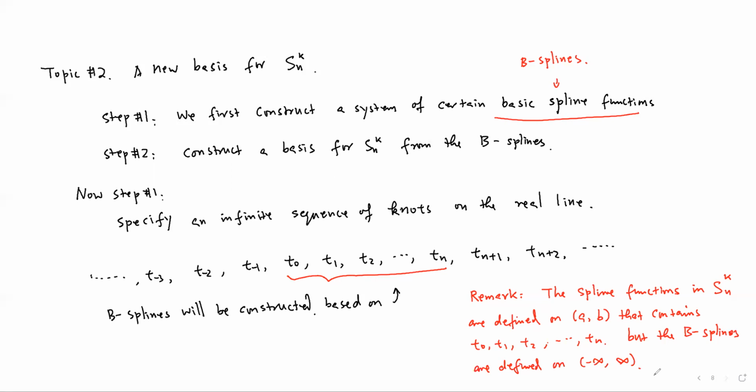After this remark, let me define B-splines. Number one, basic splines of degree 0.